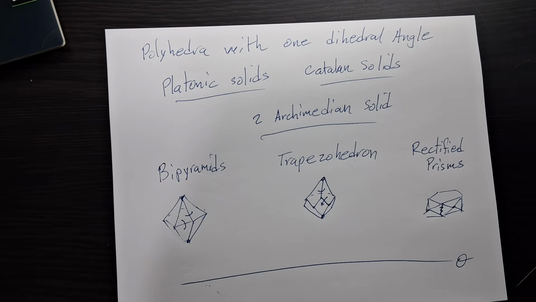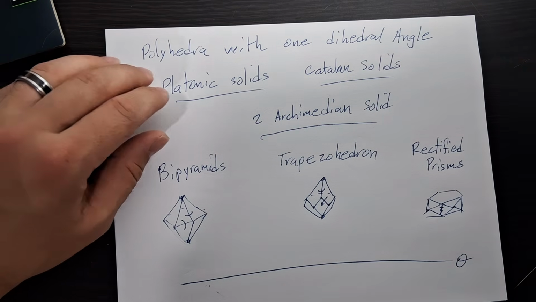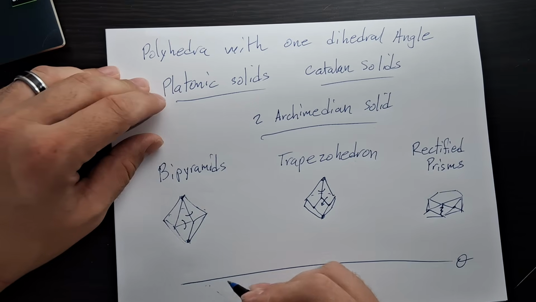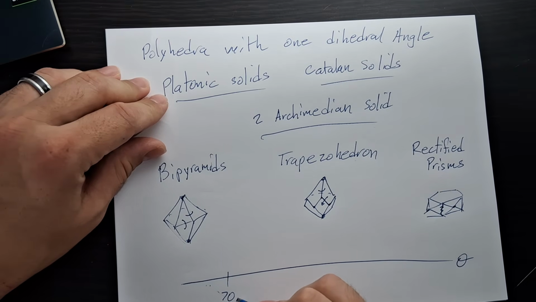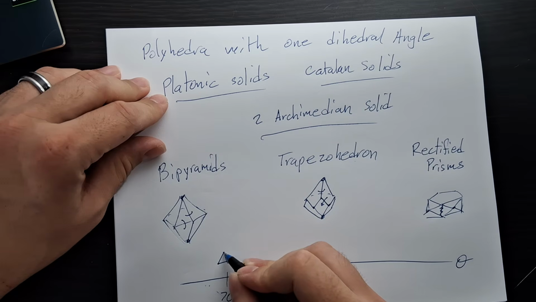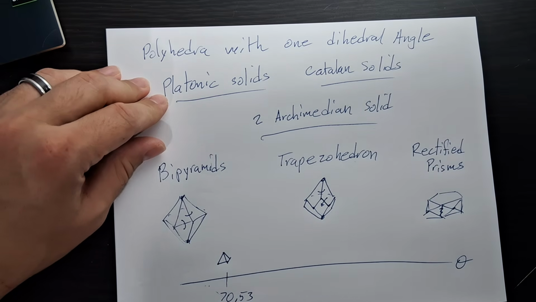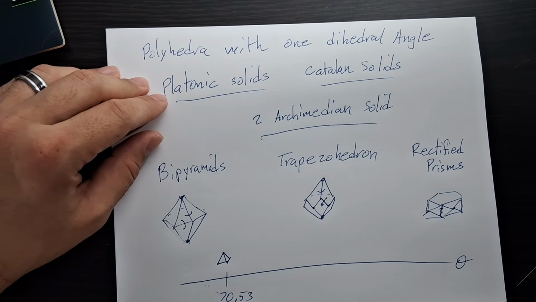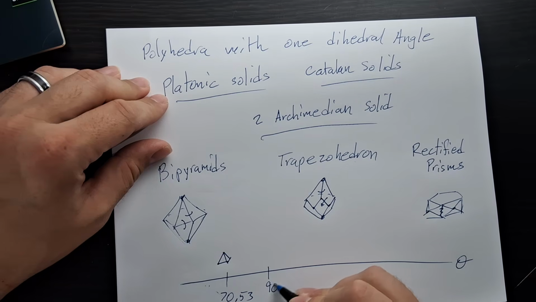If we go to the Platonic solids, the tetrahedron starts off around 70.53. Your cube, of course, is at 90 degrees.